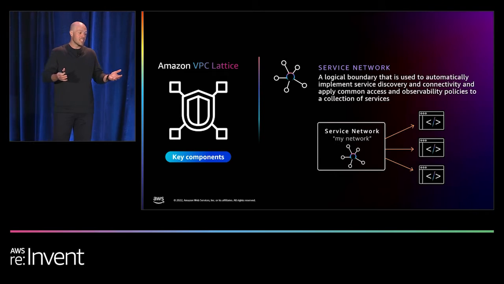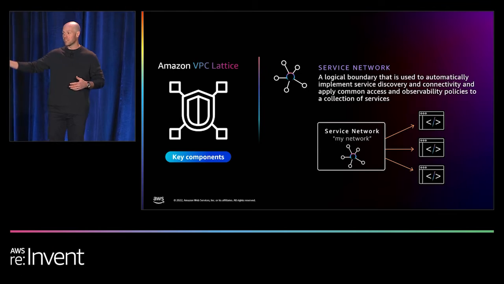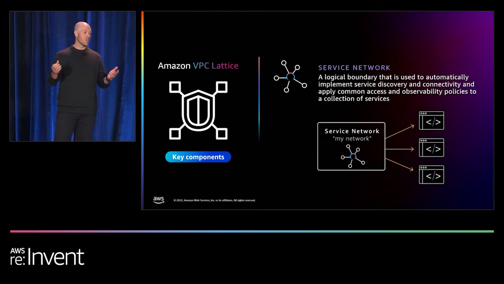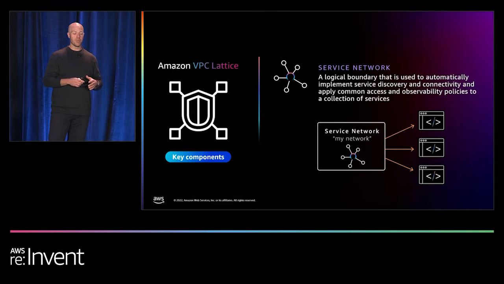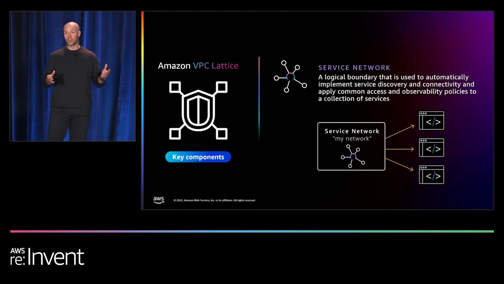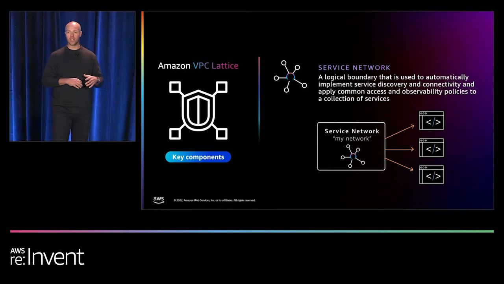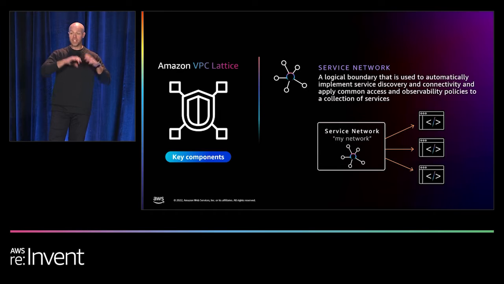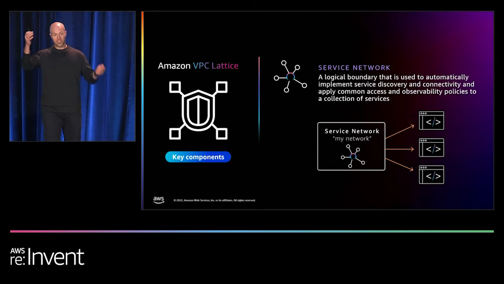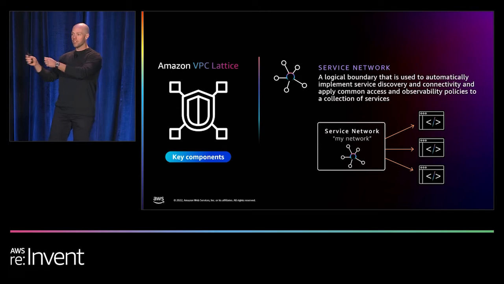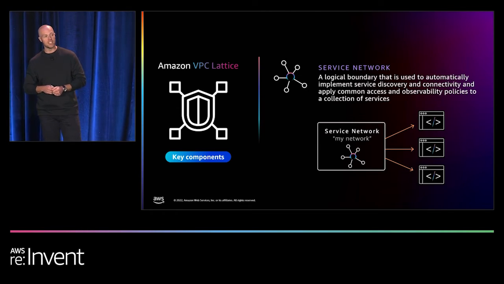It might not even be things that they own. It could be things in different accounts that they depend on, or partner solutions, or anything like that. But they're all over the place, and it creates this situation where their application boundary no longer maps to their network level boundary, right? And so we wanted to create a new construct that allowed a customer to create a new thing that they could put their services in, apply common policy, and then share around between accounts and VPCs to draw that new boundary, right? A new application layer boundary.